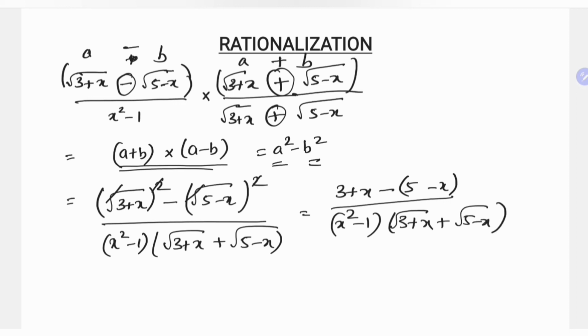What's going to happen here? 3 minus 5 is going to be minus 2 and x plus x, so it's going to be 2x by the same thing. So this is an example of rationalization. Now here we can simplify further by multiplying or by substituting, but this is the main technique of rationalization.